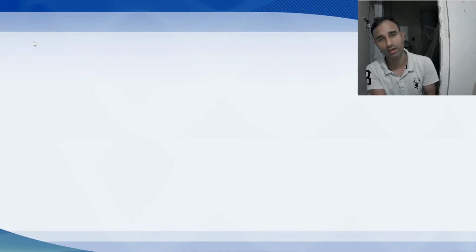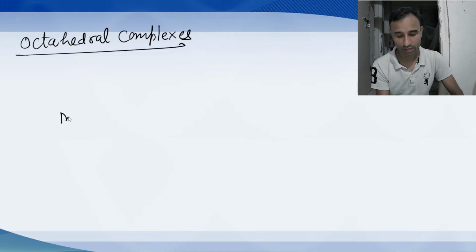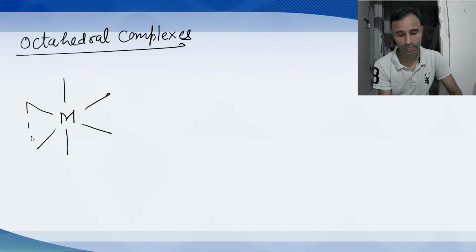Actually, if we talk about transition metal complexes, they are either octahedral or tetrahedral. So I am talking about octahedral complexes. Octahedral complexes are metal attached to 6 ligands.